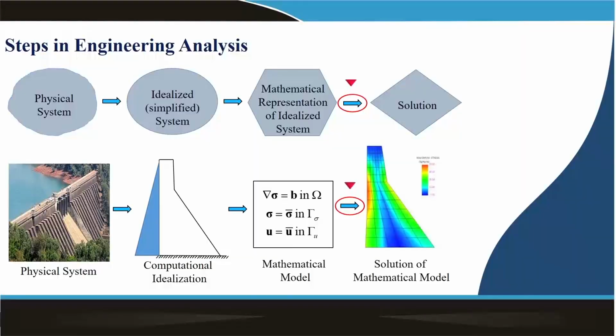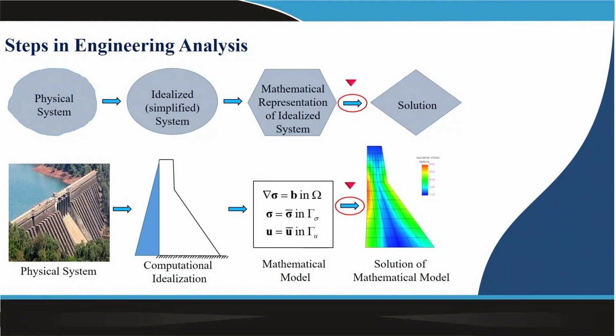For instance, if you see this picture, there is a dam which we first idealize; we do the computational idealization. Here we have done it on a 2D plane strain domain. You can easily approximate it as a 2D plane strain domain.